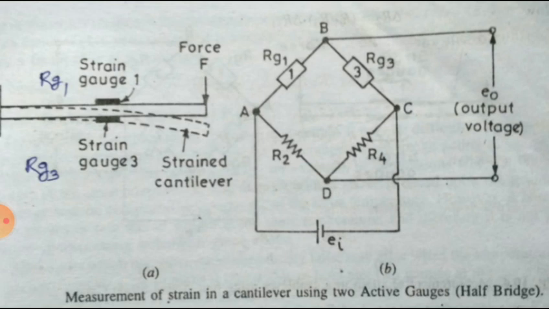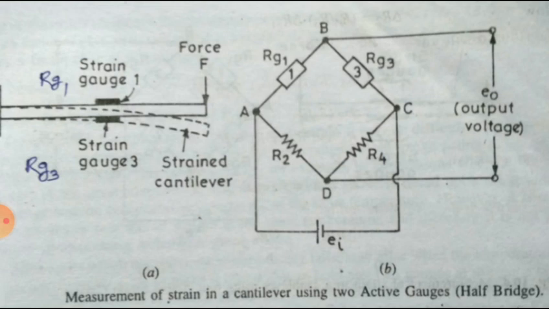In the figure you can see the two gauges mounted on a cantilever. Gauge RG1 is on the top of the cantilever and hence experiences tension when you apply the force, while strain gauge RG3 at the bottom surface experiences compression.